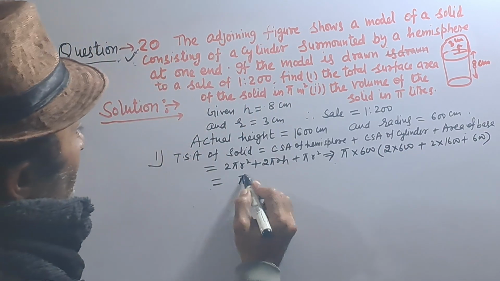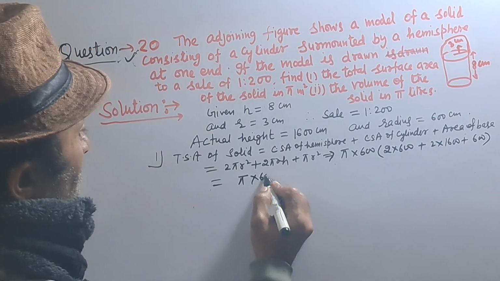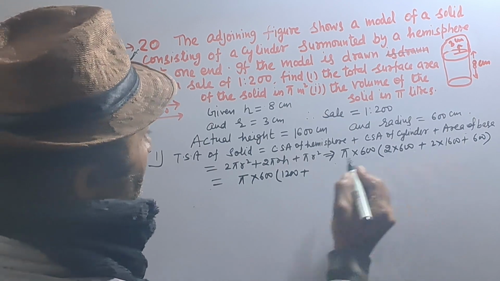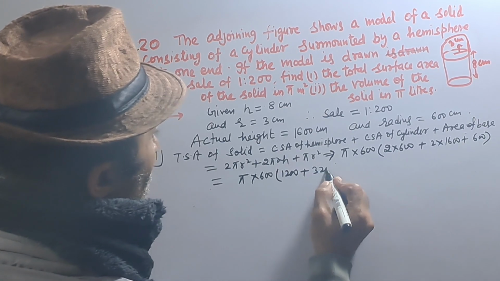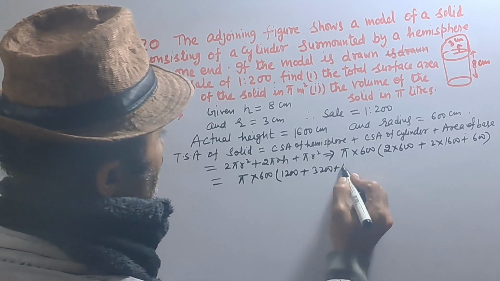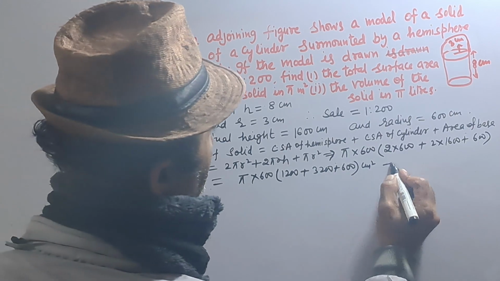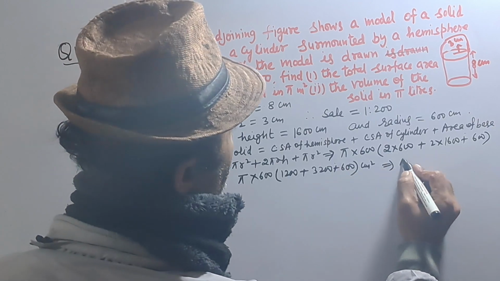That is equal to pi into 600 into (1200 plus 3200 plus 600) centimeter square.